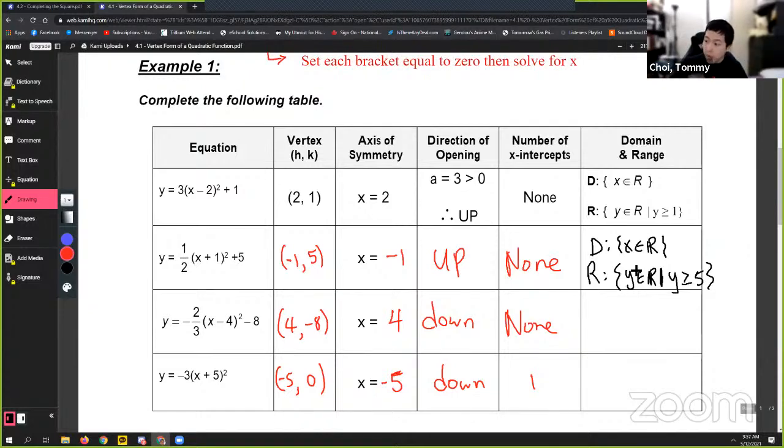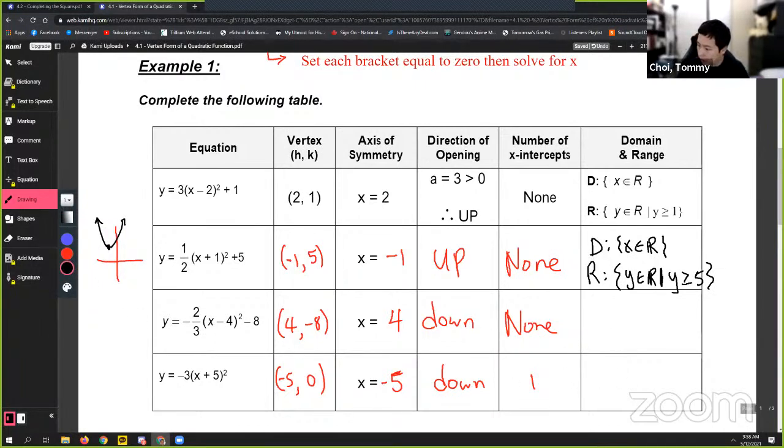The range is your y values, and when we sketch this, right, and it's -1, 5 up here, the y value cannot go any lower than the vertex itself. And because it's opening up, that tells us that it's greater than 5. And the 5 is just the y value of the vertex. That's our lower limit for this case. So y ∈ R and x ∈ R are musts. You should be writing that down. And then y is greater than 5 for us, right? Because it's opening up.